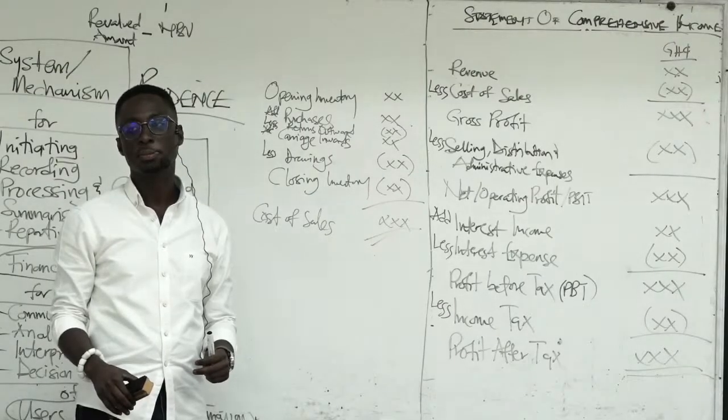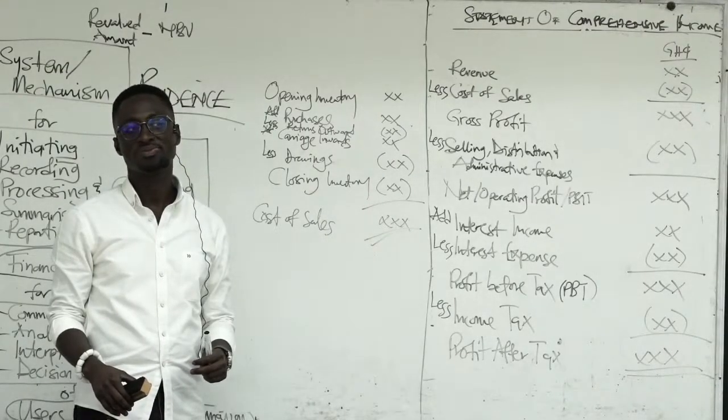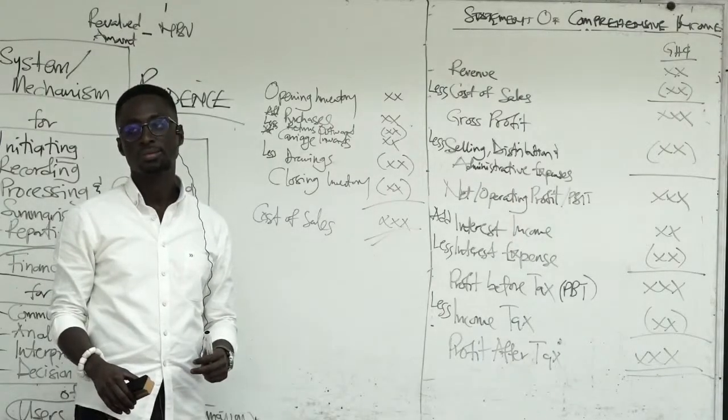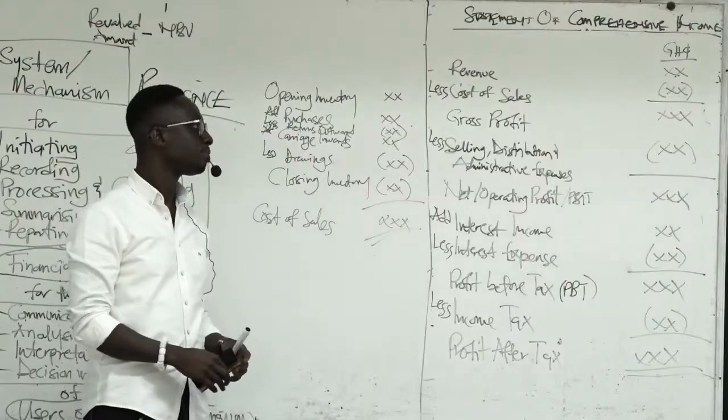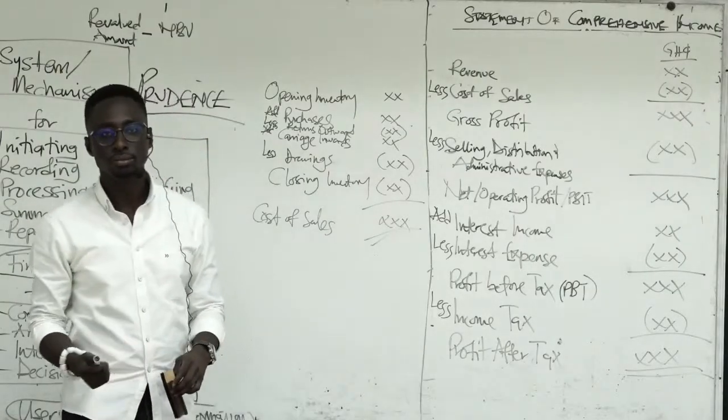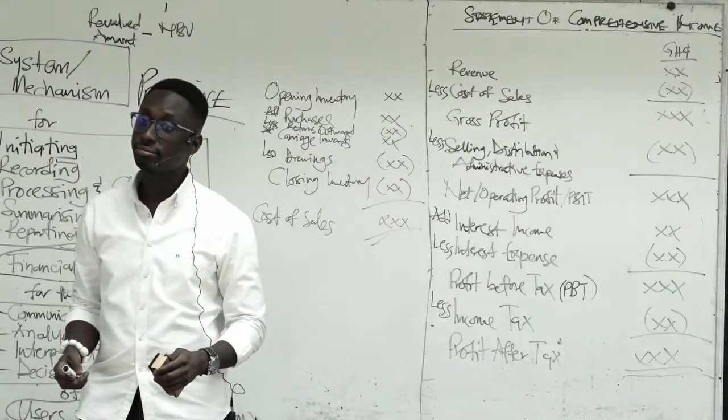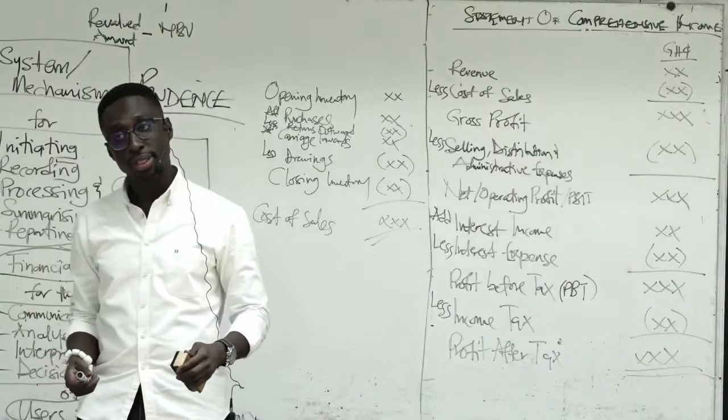Or maybe, calculating the revenue, they'll give you other elements which they expect that you should know would go into computing your revenue. Does it get more complex than that? Yes. It can get more complex.